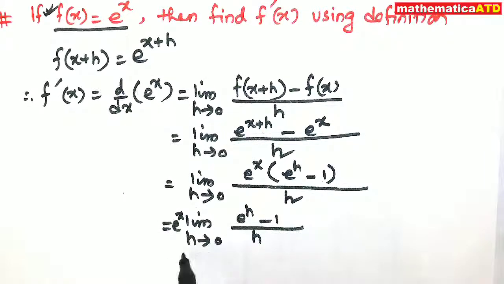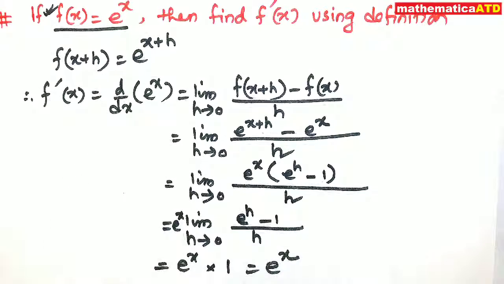Since h is actually tending to 0 and h varies, so e to the power x is free from the limiting condition. So this is equal to e to the power x into 1. We know this formula, limit h tends to 0 of [e to the power h minus 1] whole upon h is equal to 1. So the result is e to the power x.